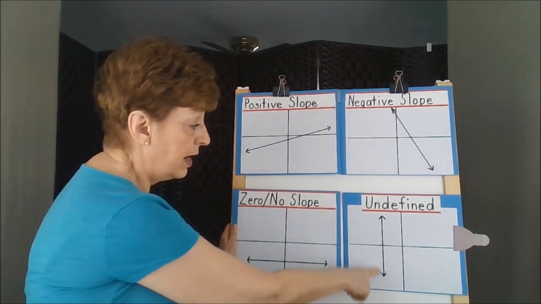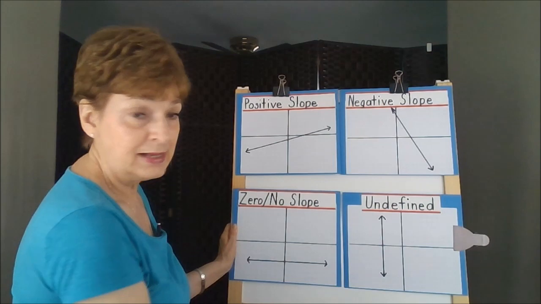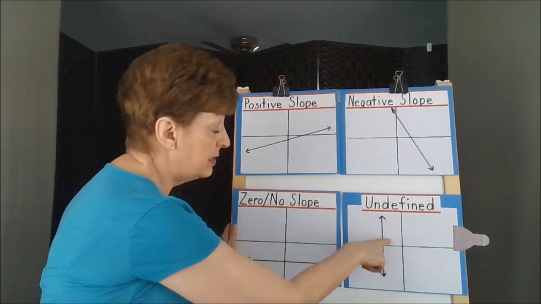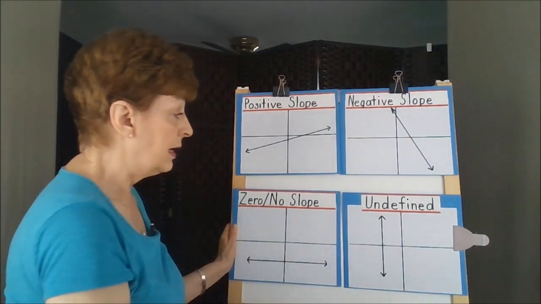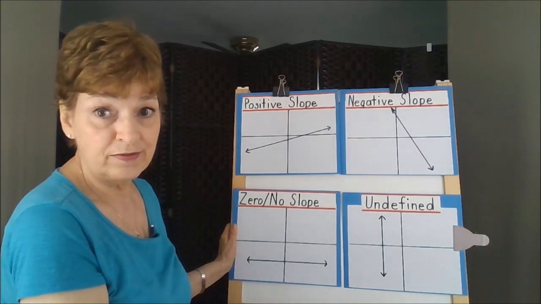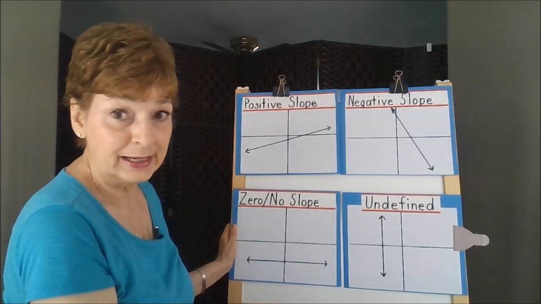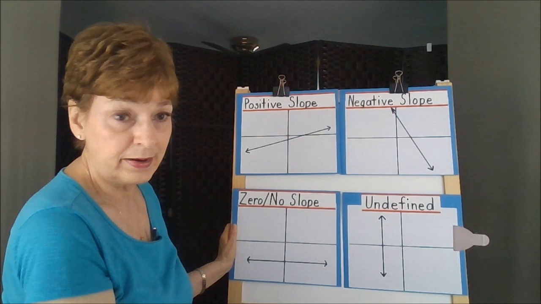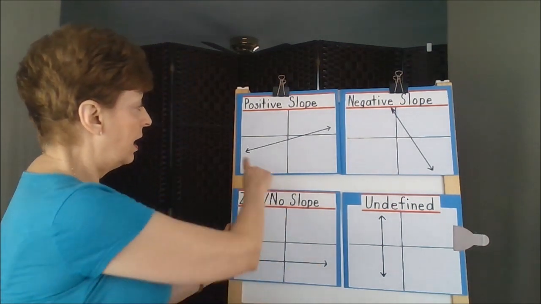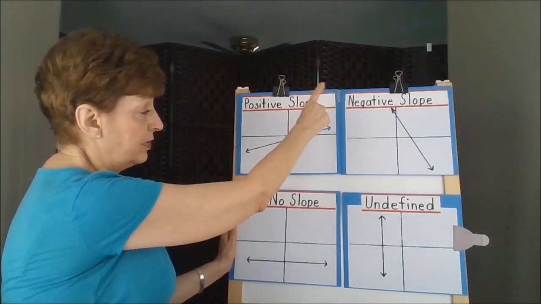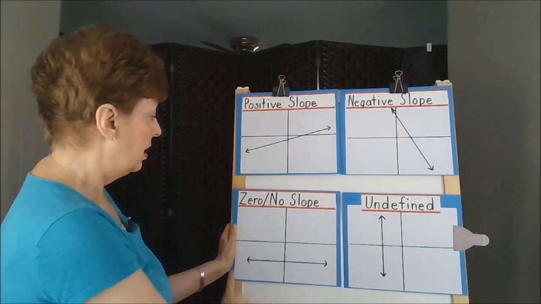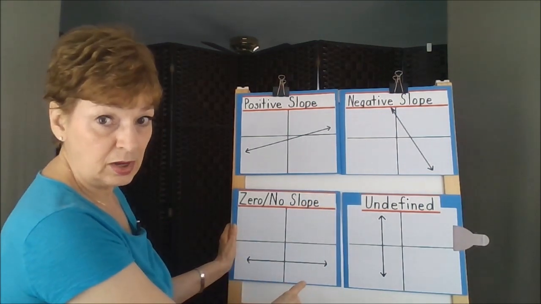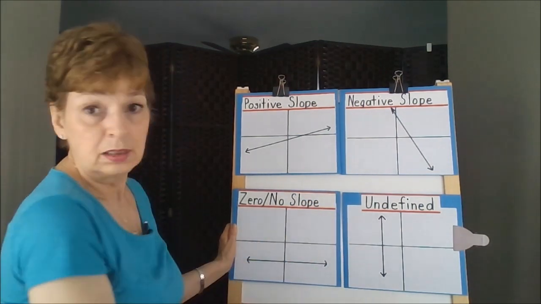When the line goes vertically and is parallel to the y-axis, it's really like falling off a cliff. So that wouldn't be a good idea if you were on a bike or walking. So you have a positive slope, a negative slope, no slope or zero slope, and then one that's called undefined.